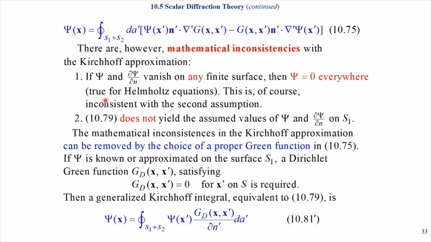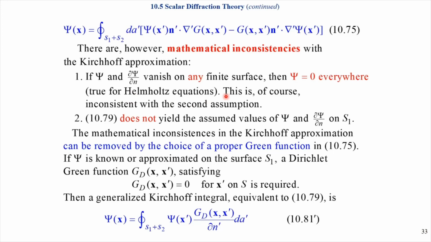This is, of course, inconsistent with the second assumption. The second assumption assumes that if phi and partial n are 0, then the Green function is good. However, at the opening, at the hole, at the apertures, it's not 0.